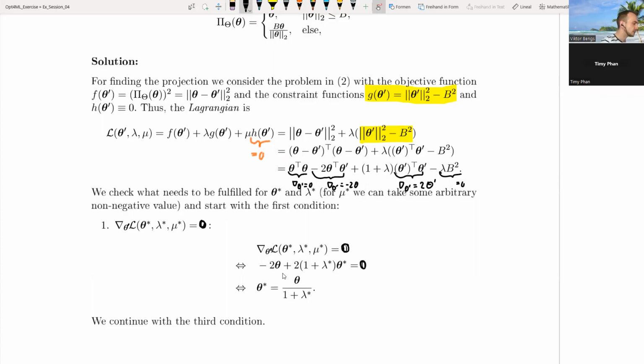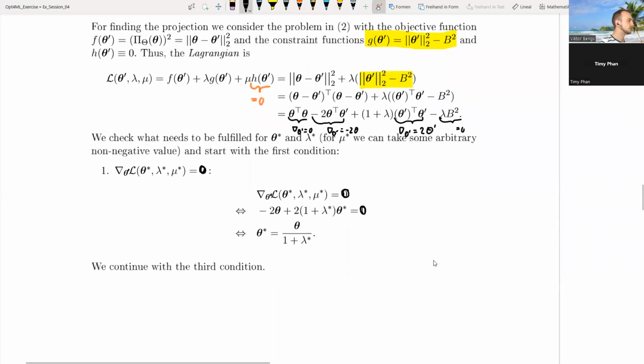And we can solve this equality with respect to theta prime, because this is at the end what we are interested in, the minimum. And we see that theta prime is of this kind: theta divided by 1 plus lambda star.